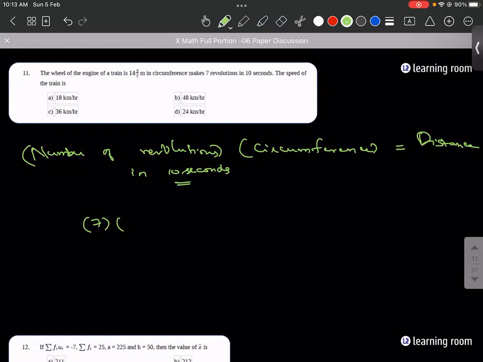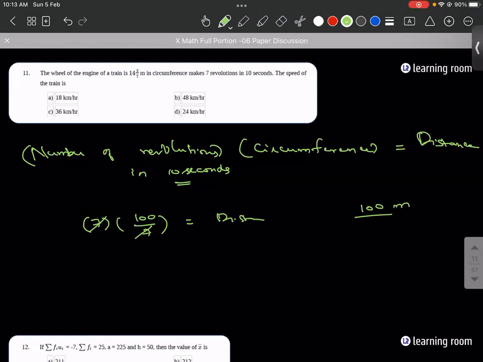How much is that? 98. 100 by 7 is equal to distance. 7 and 7 are gone. Distance is 100. This 100 is in terms of meter. Yeah, 100 meter.